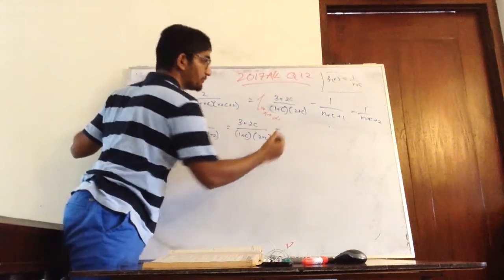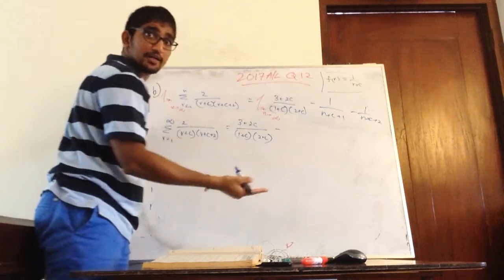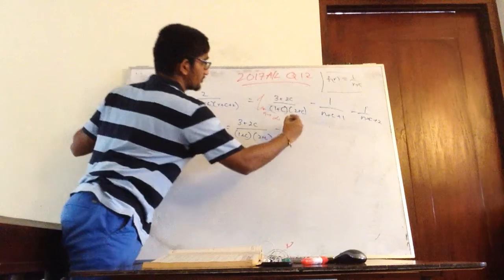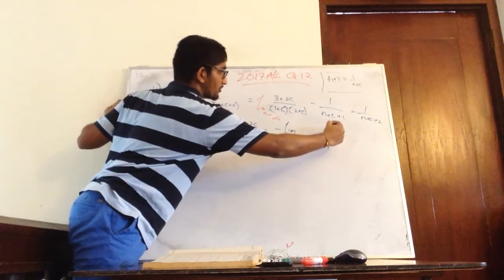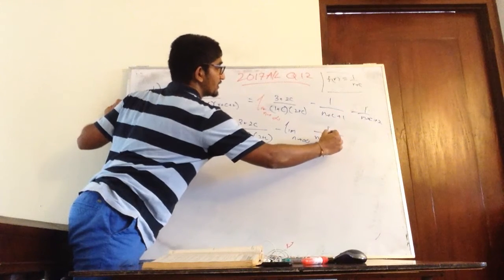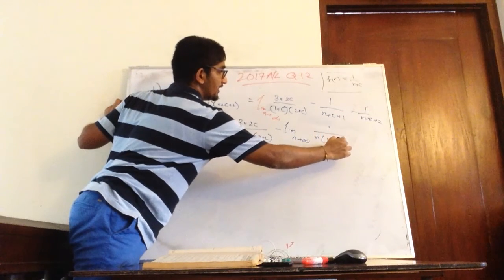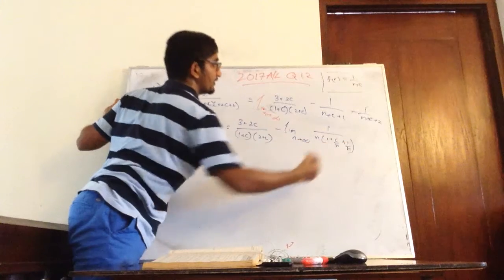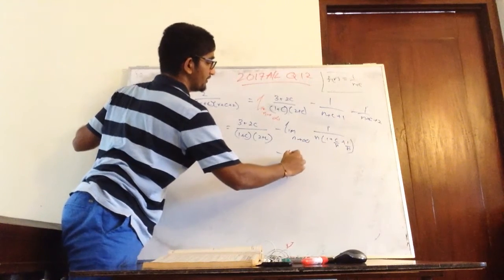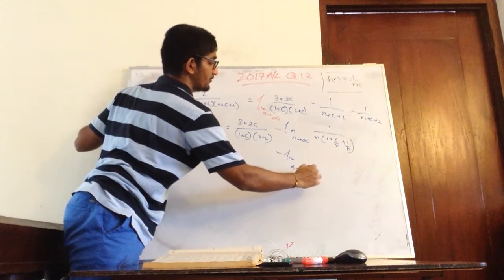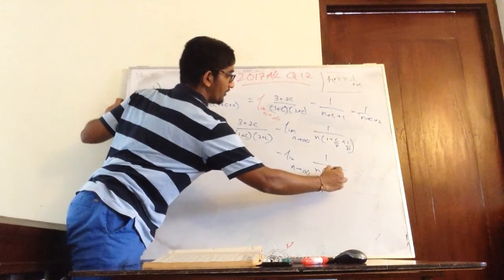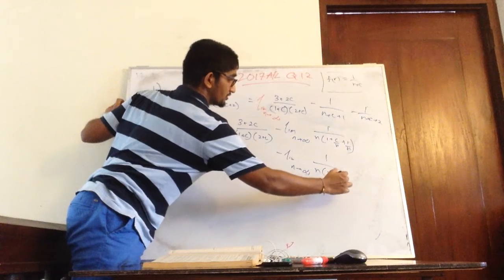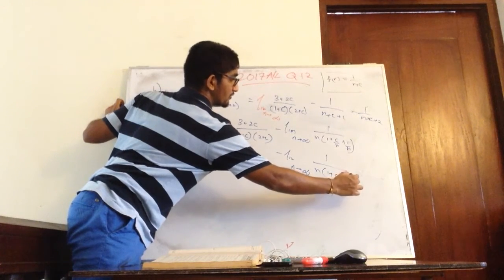Right, so I can put individual limits to each part, no? So then what I am going to do is limit n goes to infinity. So I am going to take this n out as well: 1 plus c over n plus 1 over n, minus limit when n goes to infinity. I am going to take the n out here: 1 plus c over n plus 2 over n.